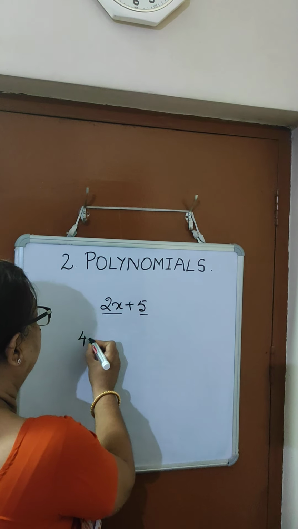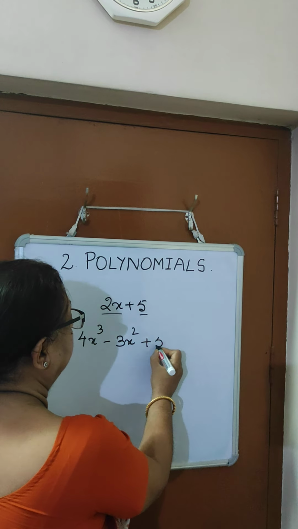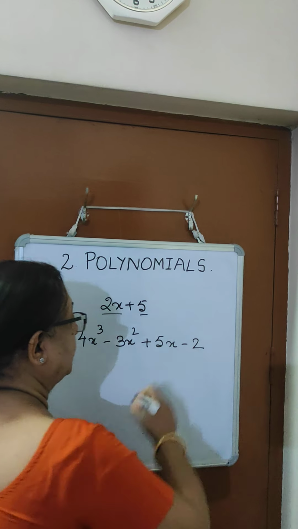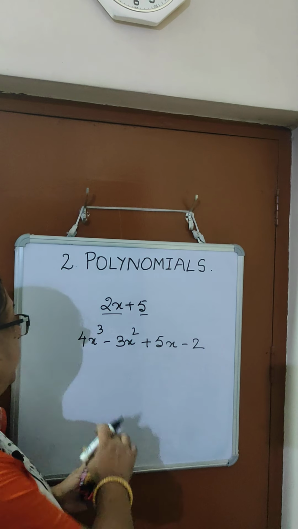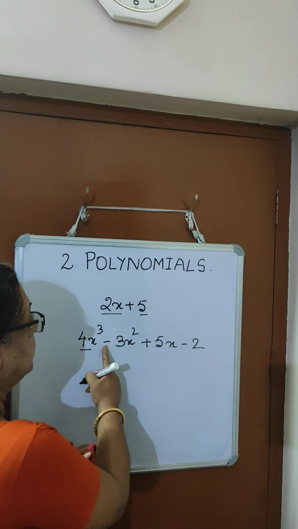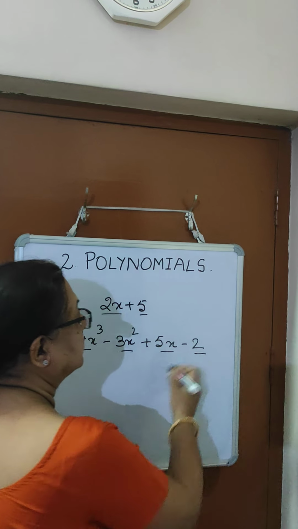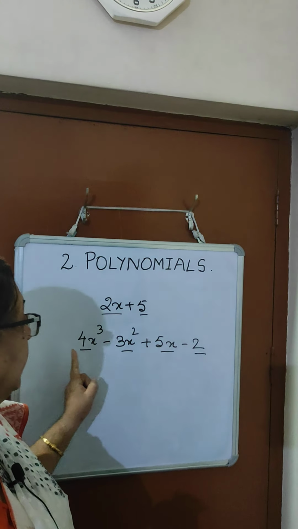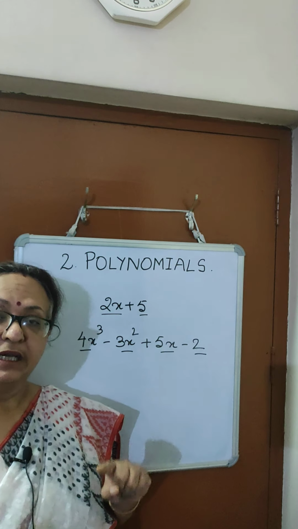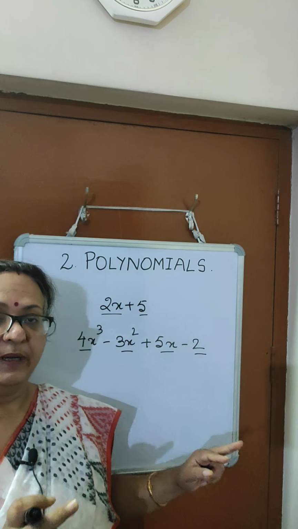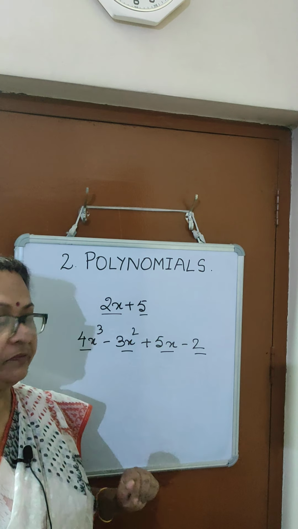Suppose I have 4x cube minus 3x square plus 5x minus 2. Now how many terms are there in this polynomial? This is the first term, that is a minus. So this is the second term, this is the third term, and this is the fourth term. So in this polynomial there are 4 terms. So that is the terms of a polynomial, they are separated either by plus or minus signs.